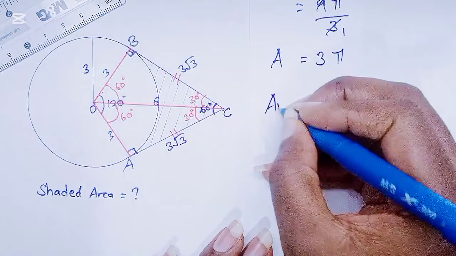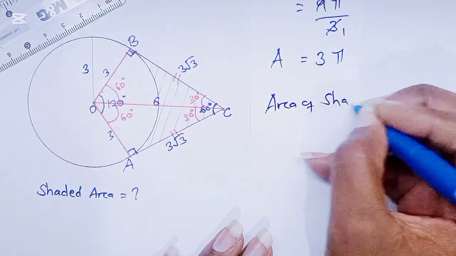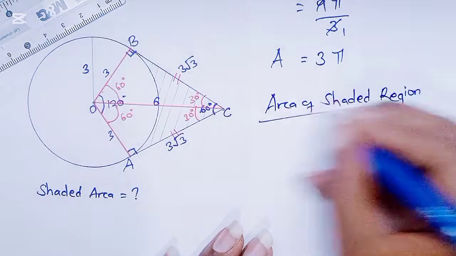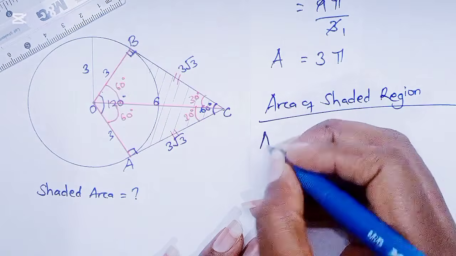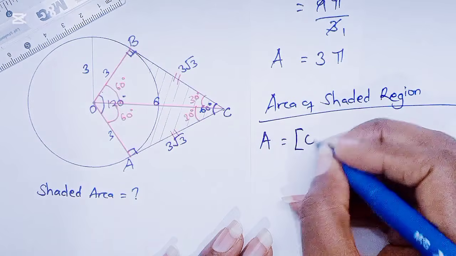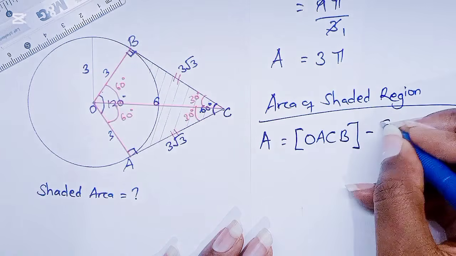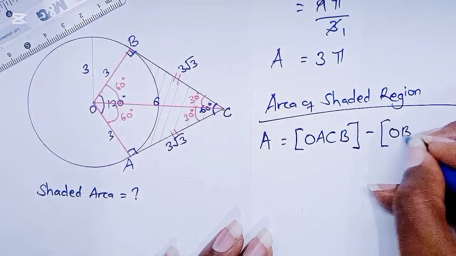And remember, we said to get area of shaded region, this area is equal to area of quadrilateral OACB minus area of sector OBA.